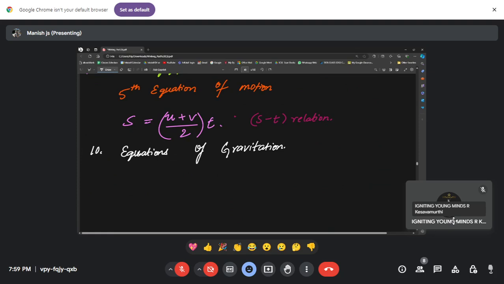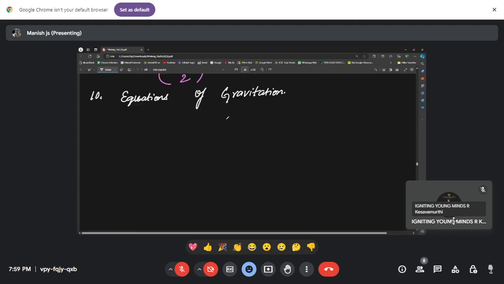Okay. So let's see how to convert our equations of motion in terms of equations of gravitation. First, the first equation of motion, v equals u plus at. Second equation was s equals ut plus half at squared.